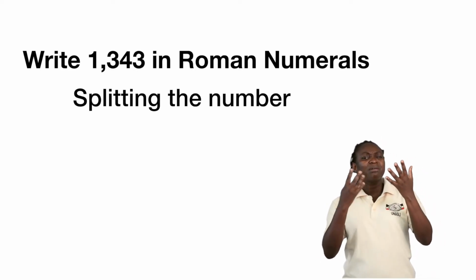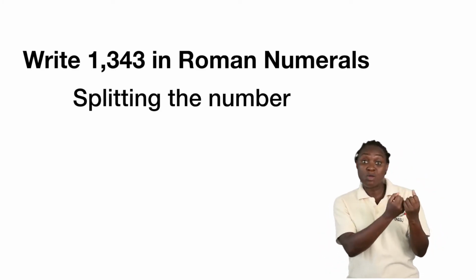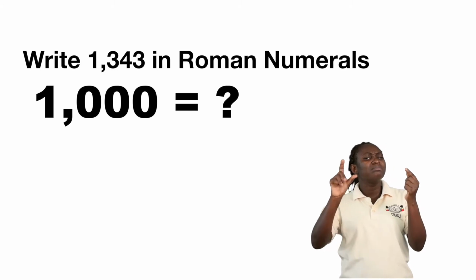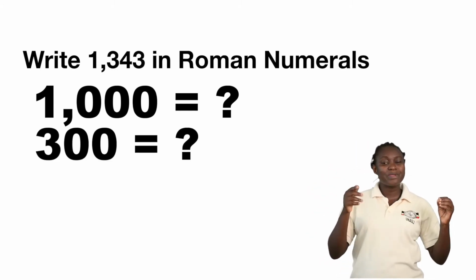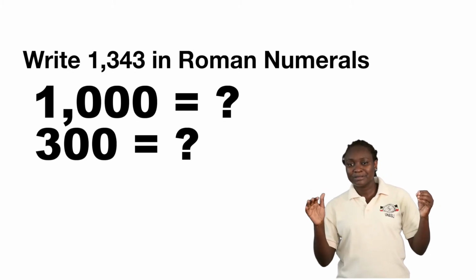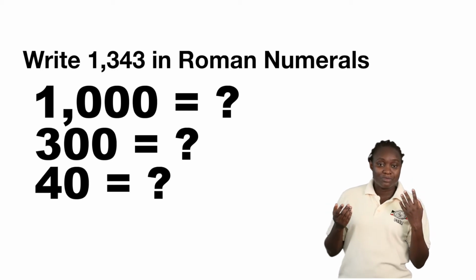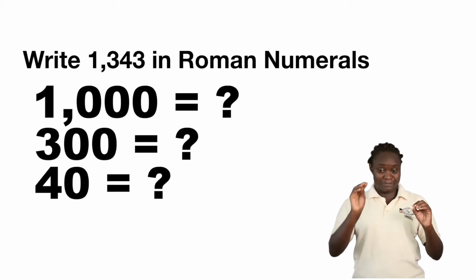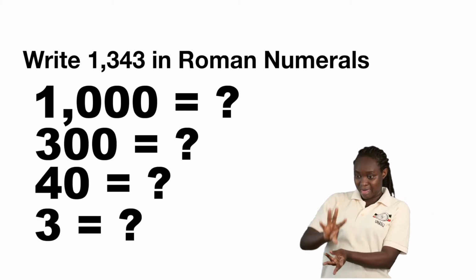As you're reading, you'll hear me saying 1,000. So you also say 1,000 equals, can you please put it there? 300 equals, please write it there. Then 40 will equal to, write it there. Then 3. Yes. So what have you got?